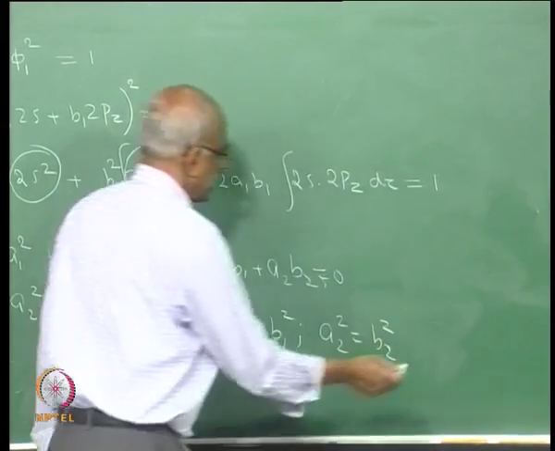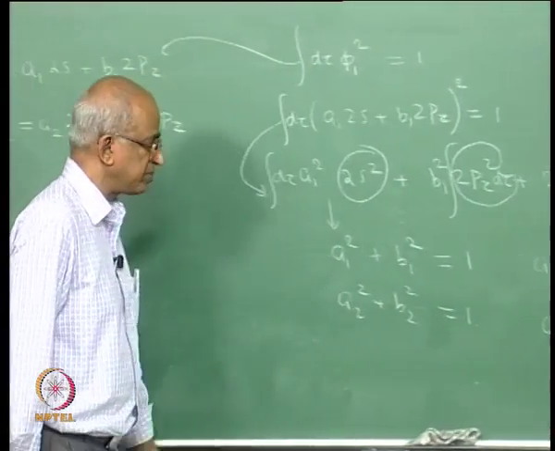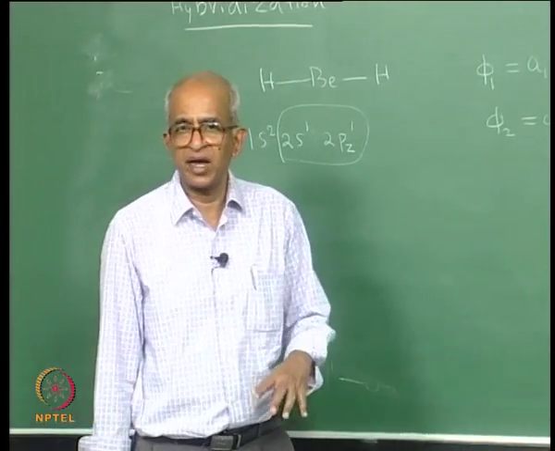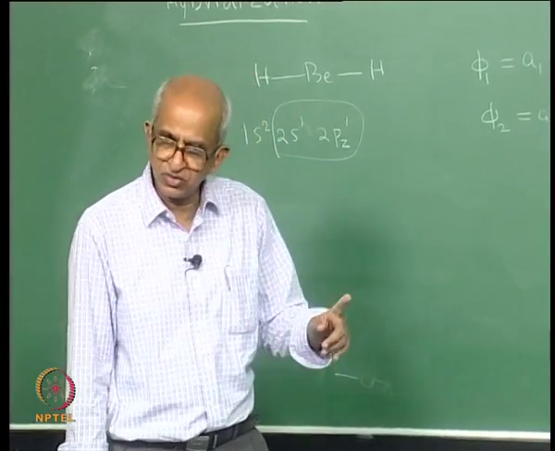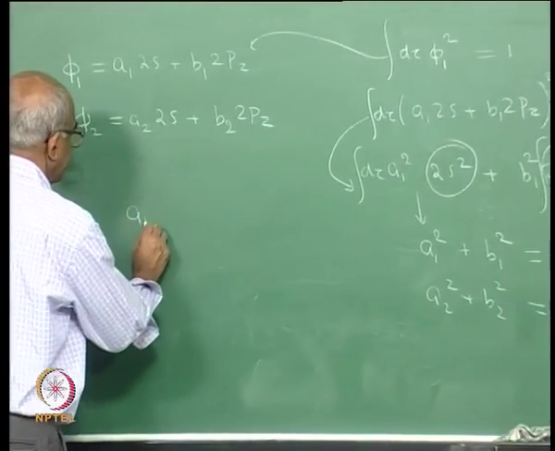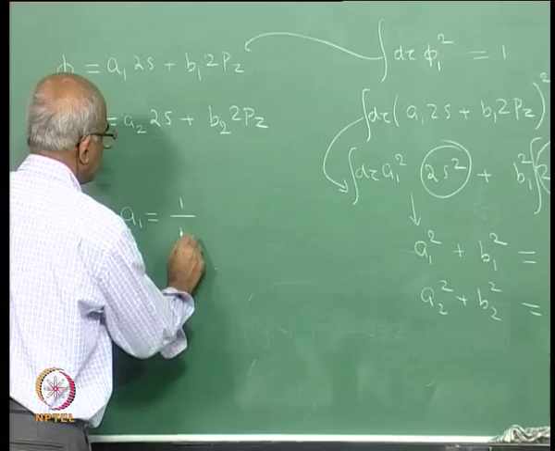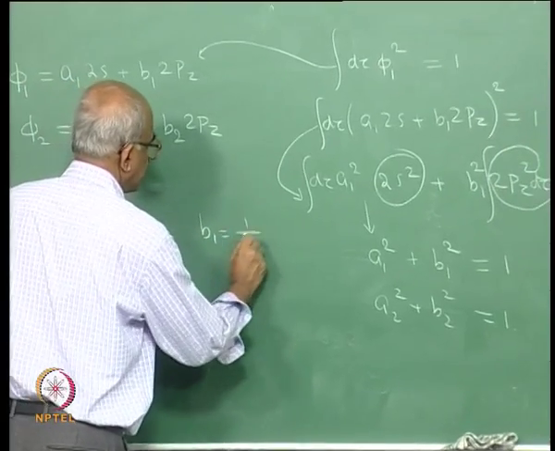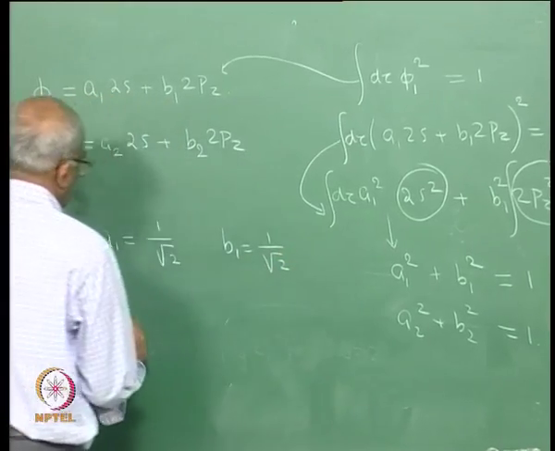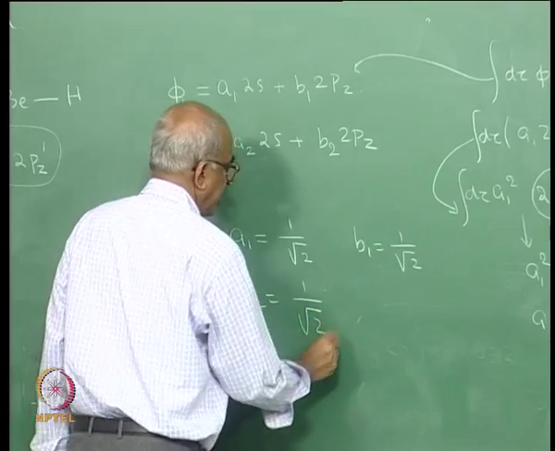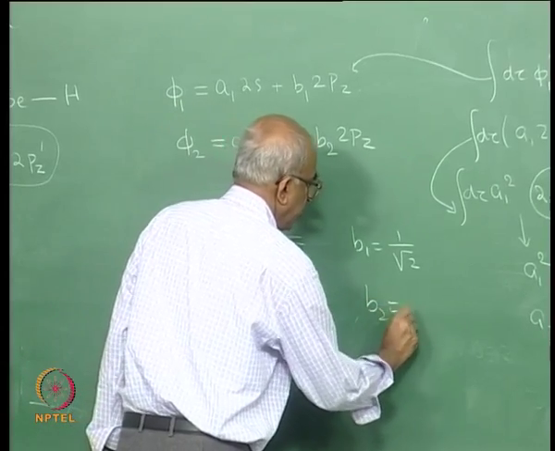Using all these equations, it is a fairly straightforward matter to solve for a1, b1, a2 and b2. If you solve them, you find that a1 must be equal to 1 by square root of 2, you can choose b1 to be equal to 1 by square root of 2, a2 to be 1 by root 2, and b2 to be minus 1 by root 2.